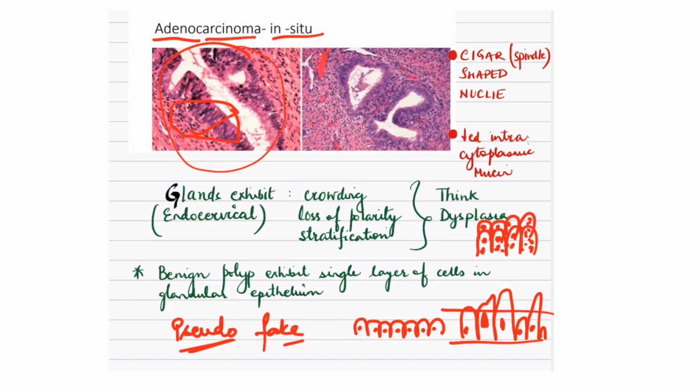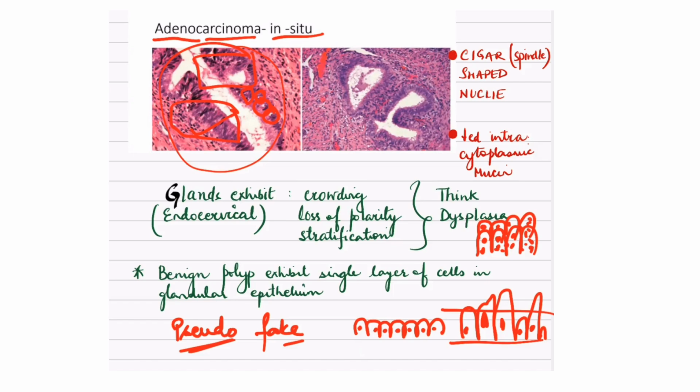Yeah, now as you can see there is no mucin also, like the white space you see, it has decreased because of nuclear crowding. There is decreased cytoplasmic mucin. Instead of that, nuclei have become hyperchromatic. There is a reversed NC ratio, and I see a lot of discohesiveness. And a very particular thing about the nuclei here is that they are cigar shaped, they are spindle shaped.